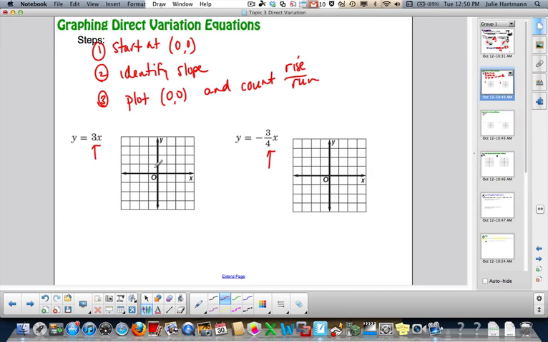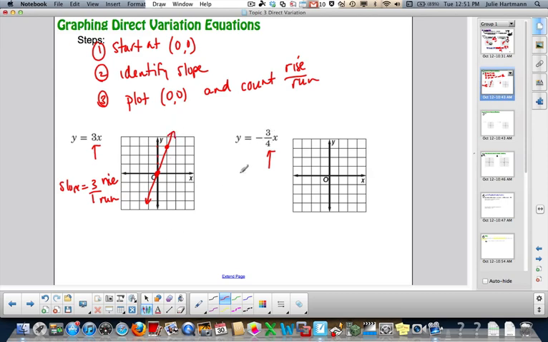So we're going to start at 0, 0. Our slope equals 3. So that 3 would be 3 over 1. That's our rise is 3. Our run is 1. So we're going to go up 3 over 1. And that's our graph. Okay.